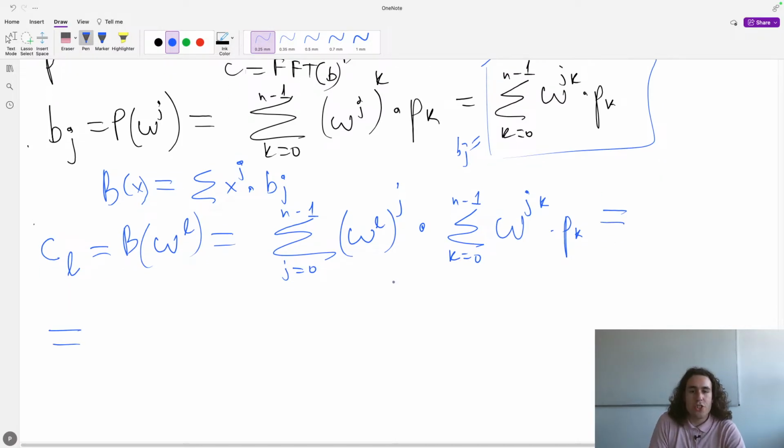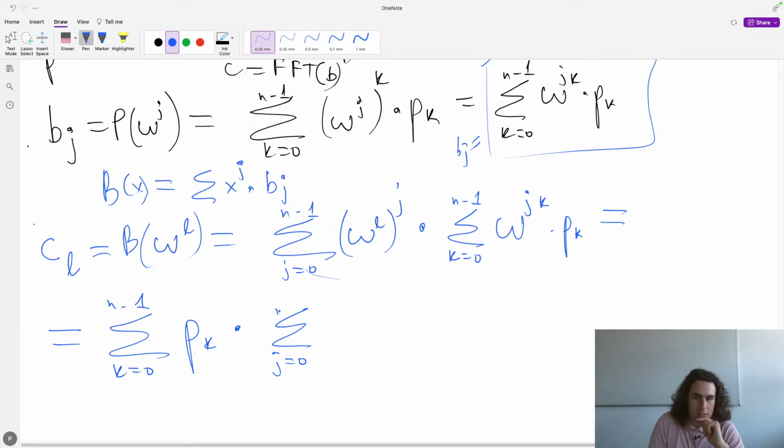So I just want to change the order of summation, right? I want to first sum over k, and then I want to sum over j. So I sum over k from 0 to n minus 1. What do we have depending on k? pk, right? So I have pk times the sum over j of what? This times this. But this is omega to the lj, and this is omega to the kj.